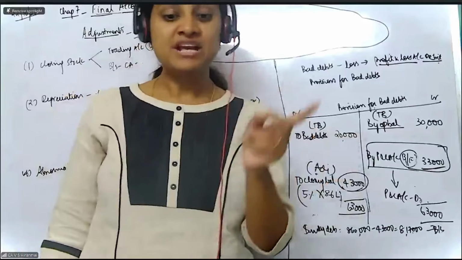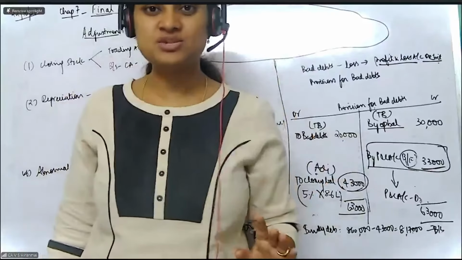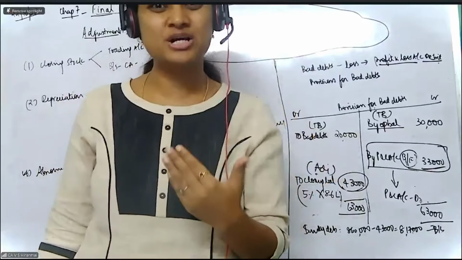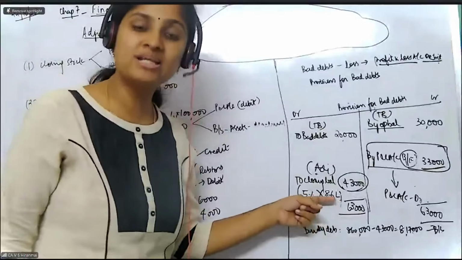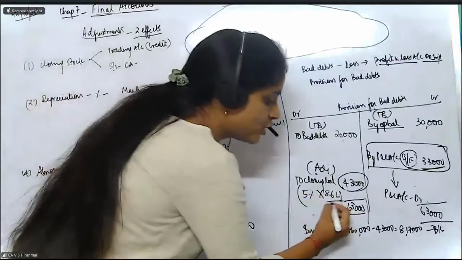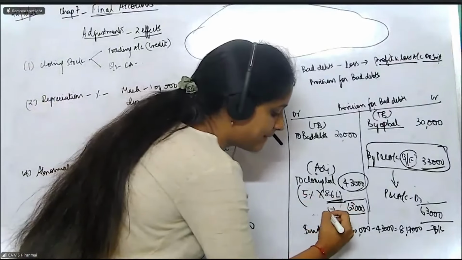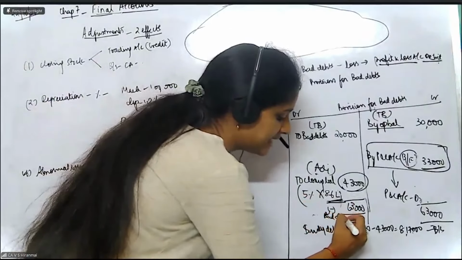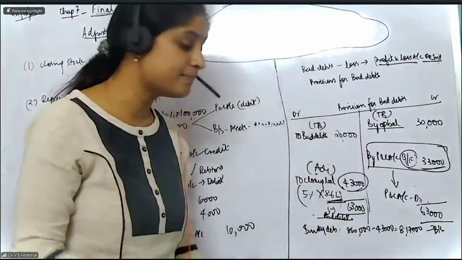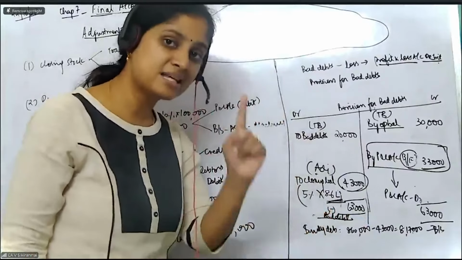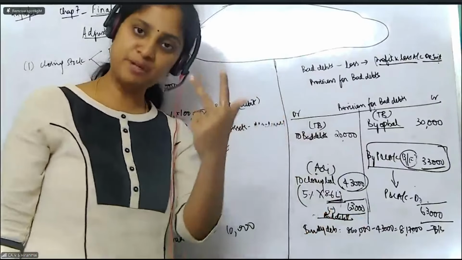But madam, if bad debts are coming in the adjustment, should I do something additionally? Yes, my dear students. While you are computing the closing provision from your debtors balance, please subtract the bad debts once again. Please listen very carefully; I will not repeat. Whenever bad debts are given to you in the adjustment, there will be two effects.